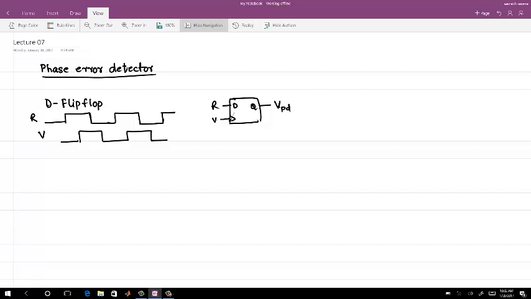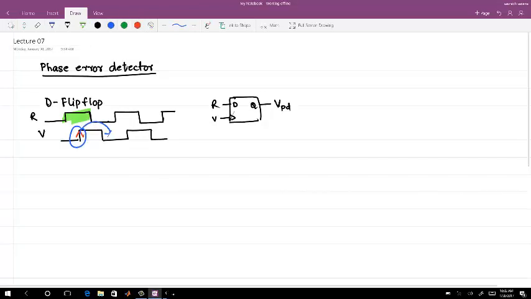Okay, so it acts as a phase error detector in a way that if the rising edge of V falls anywhere between this region, you will get a high. Whereas if the same rising edge moves to, let's say, this part, then you will get a low.